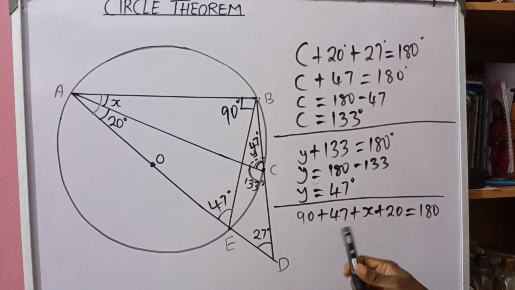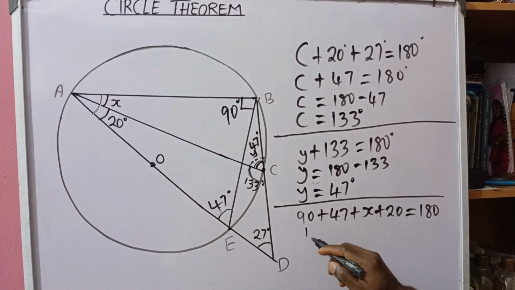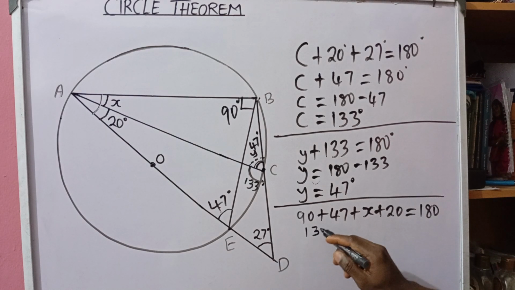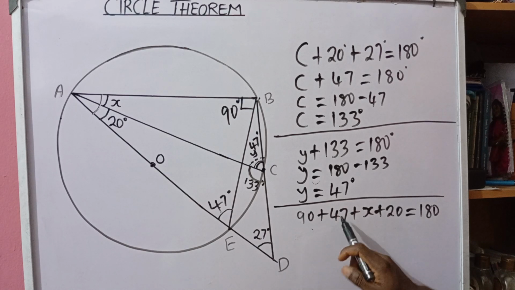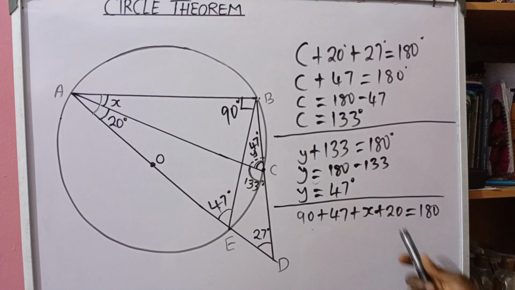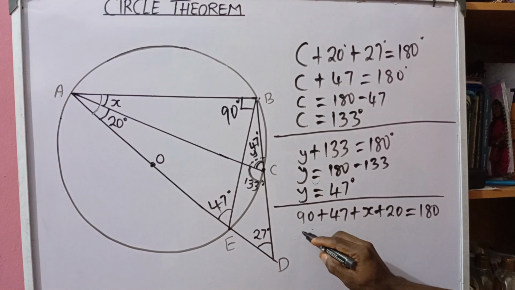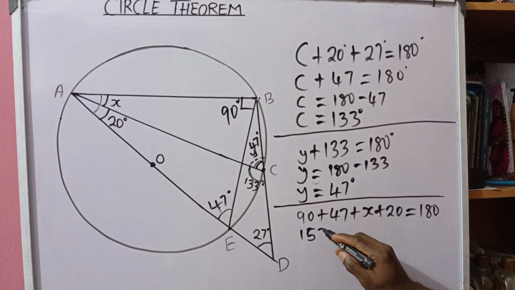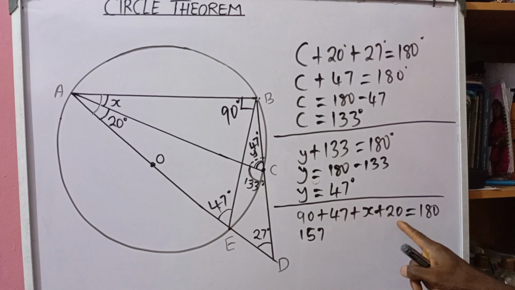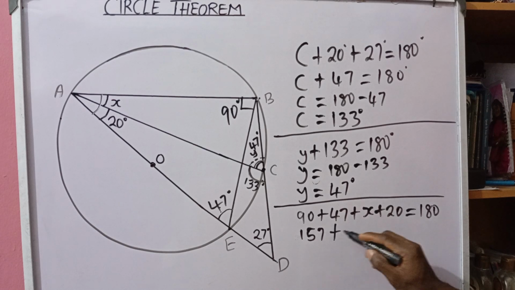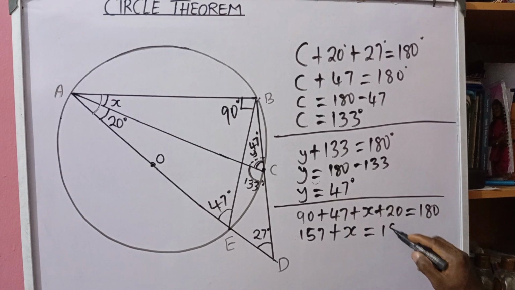Summing this up, 90 plus 47 will give us 137. 137 plus 20 will give us 157. Then plus x is equal to 180.